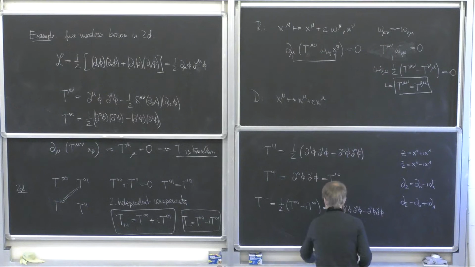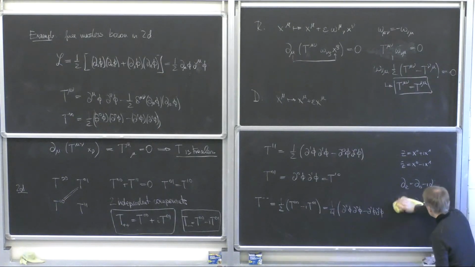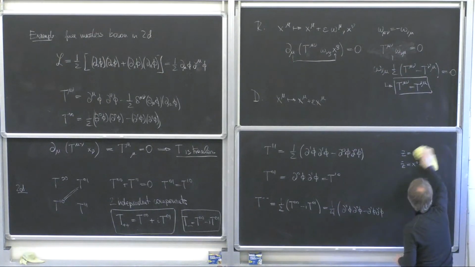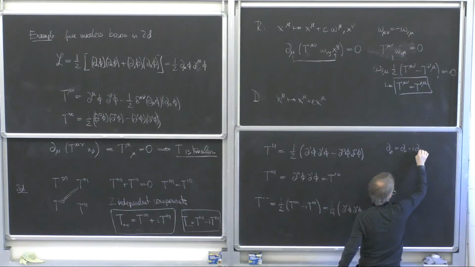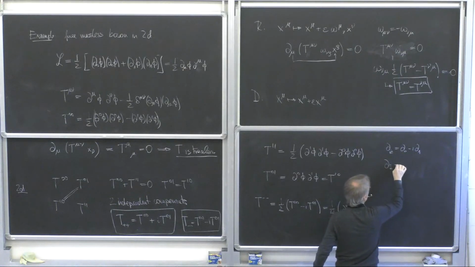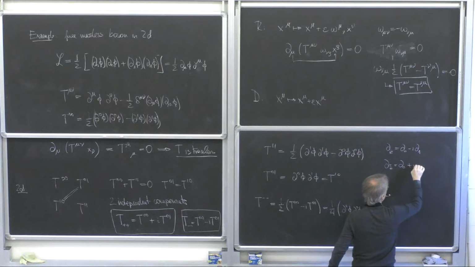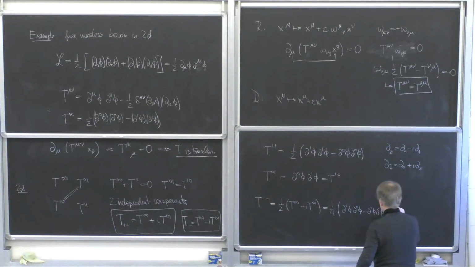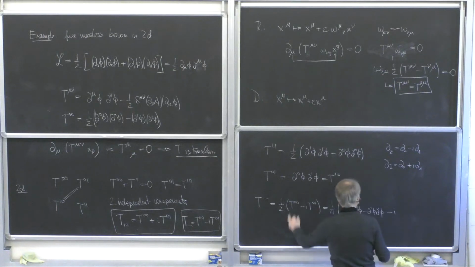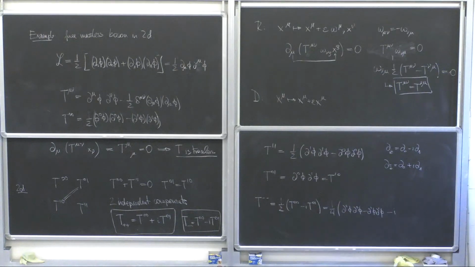And now I have no space here anymore. So let's just write dz is d0 minus i d1, and dz bar is d0 plus i d1. So that's this piece, and then I have minus i times T01, and T01 is d0 phi d1 phi. If I take a half of it, and I've taken out a quarter, then I have a factor of 2 here.